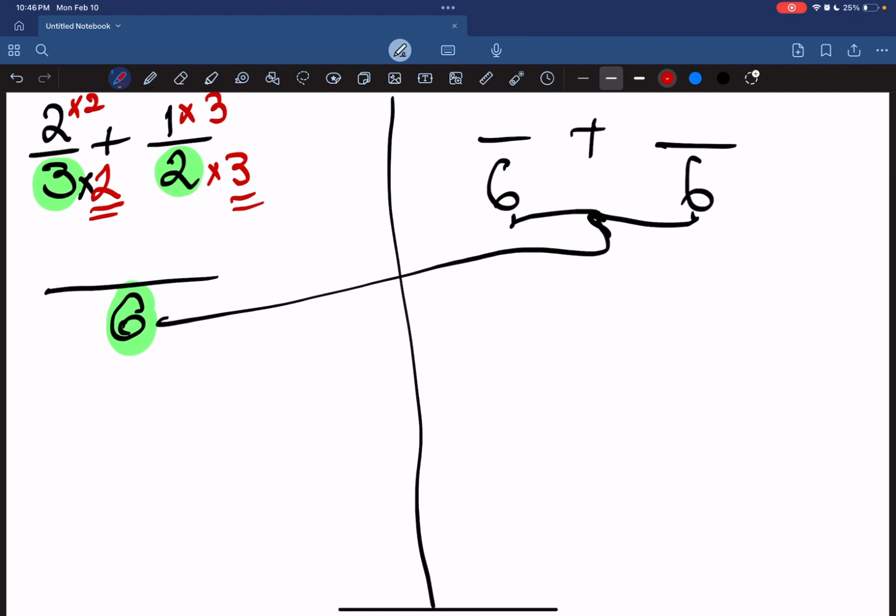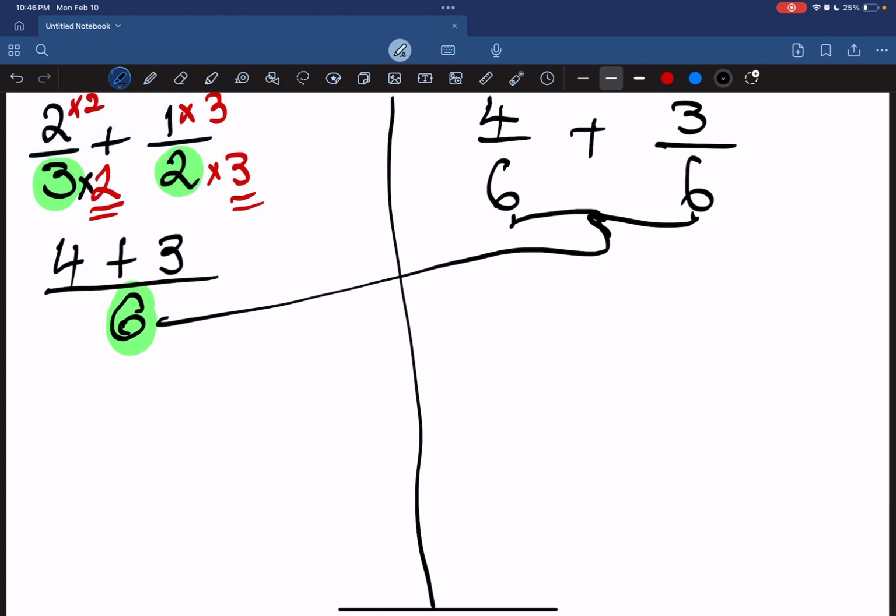So in that case, we would have 2 times 2, which is now going to give us 4, and that 4 is going to be represented over here. Plus 1 times 3, that's going to give us 3. And those are going to be our new fractions.